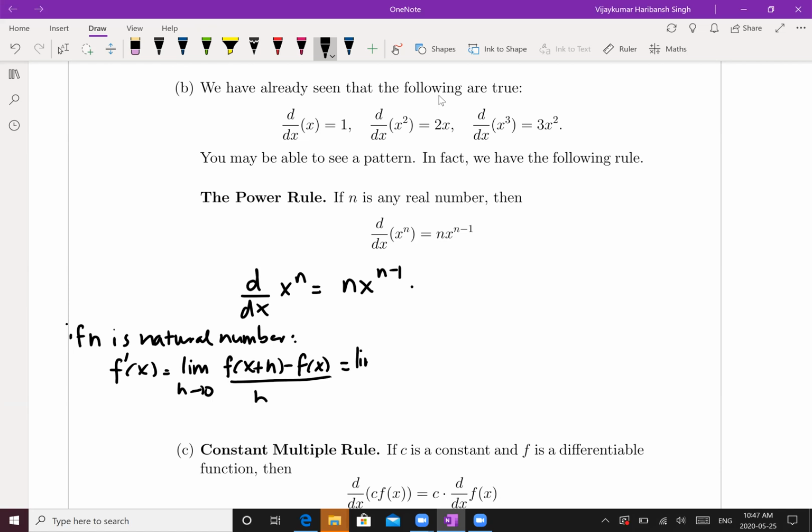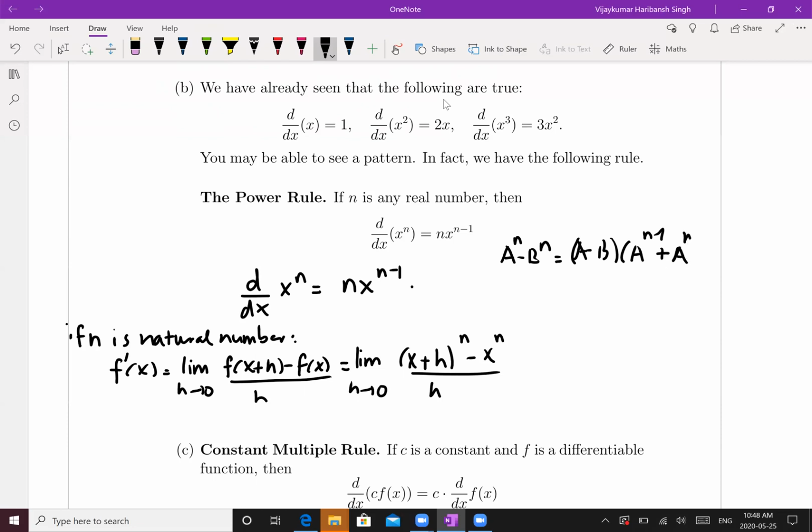This is the limit as h goes to 0 of x plus h to the power n minus x to the power n over h. And then you can use the a to the n minus b to the n formula. So a to the n minus b to the n is a minus b times a to the n minus 1 plus a to the n minus 2 times b plus a to the n minus 3 times b squared, and so on. Keep on reducing the power of a and increasing the power of b until you get b to the n minus 1.